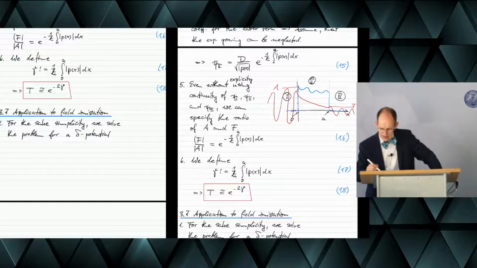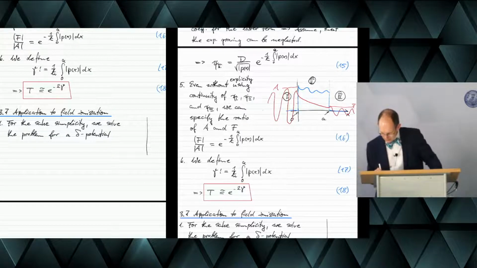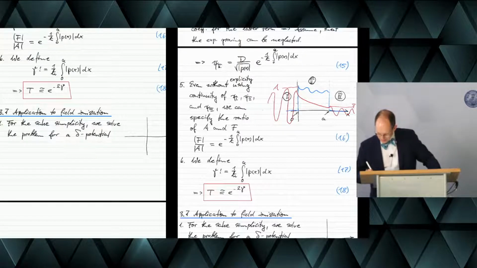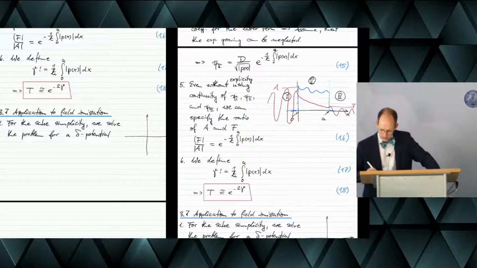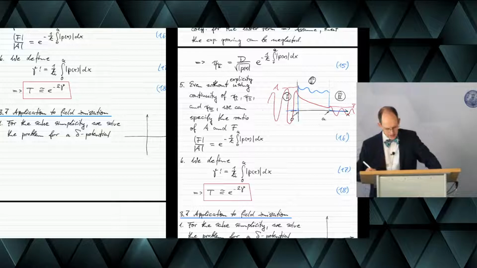We have a delta potential, which, let's first draw a coordinate system. So we have x here. We have, of course, the potential energy in y direction.